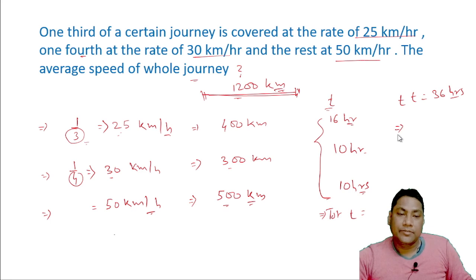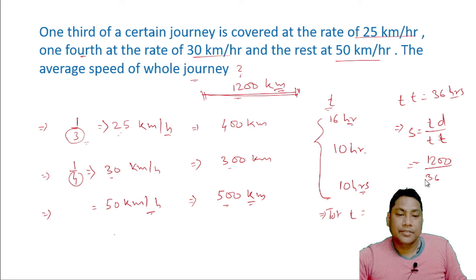So friends, the speed is total distance divided by total time. Here the total distance is 1200 and the total time is 36 hours.